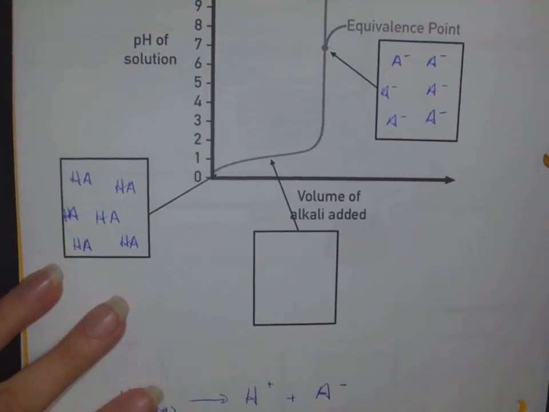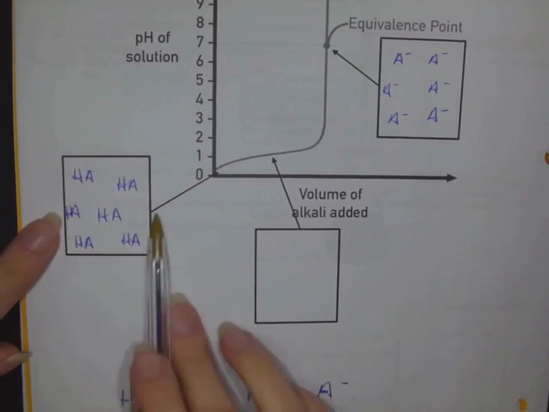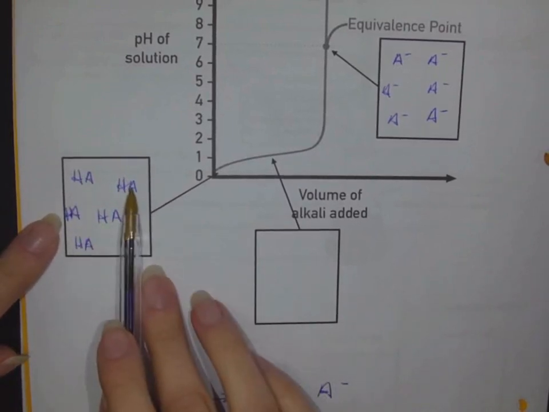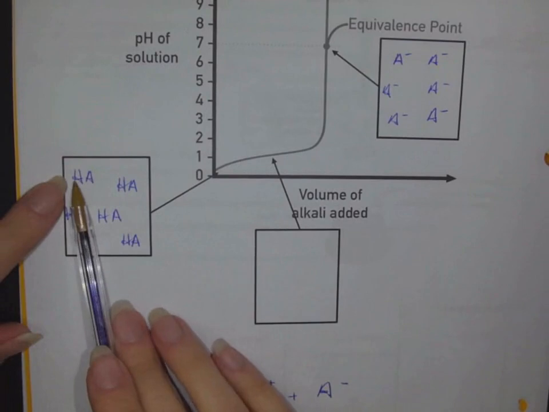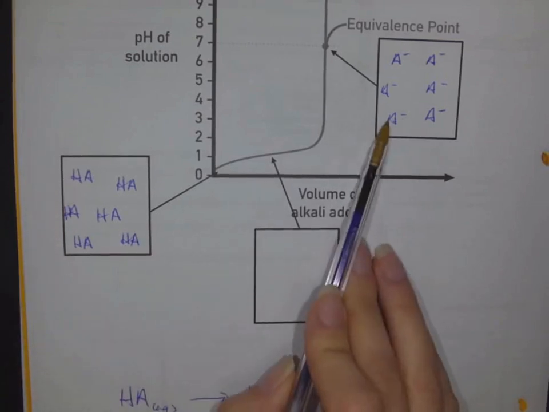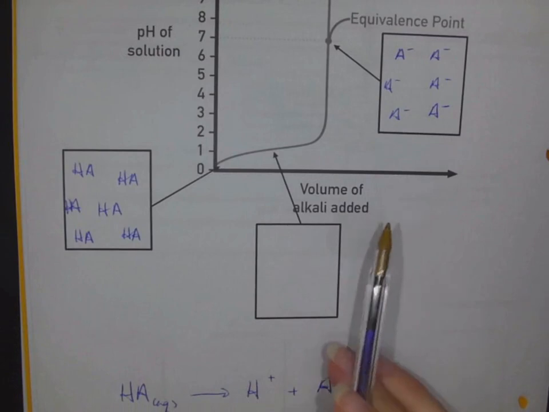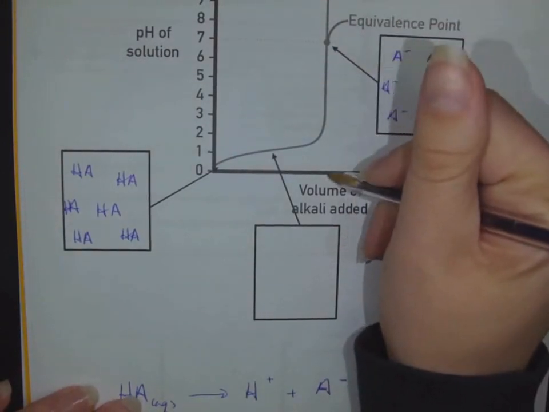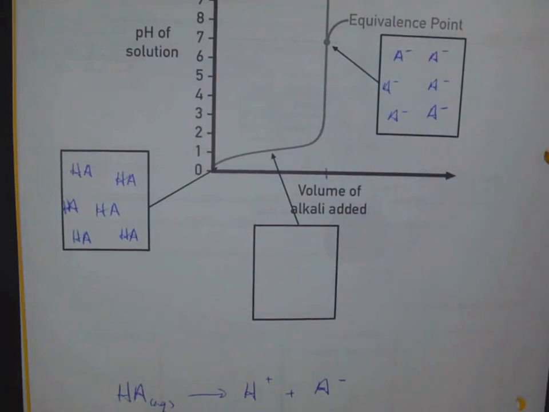That's what's going on at the equivalence point. All of the acid that we started with has reacted, and all the hydrogens have been reacted with the base and formed that liquid water, and what we're left with is A-. And so that occurred at a certain volume, right? That's the equivalence point volume.